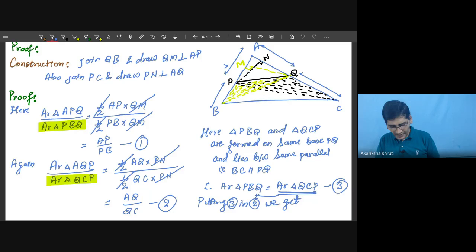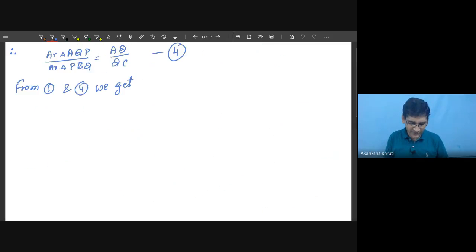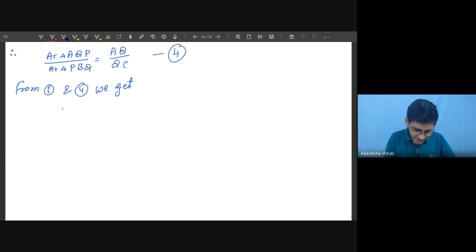So these two left hand sides can be equated, means that can be eliminated, and directly their right hand sides, AP by PB, can be equated to AQ by QC. So AP by PB is equal to AQ by QC. This was the proof.